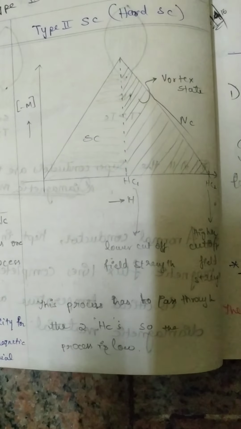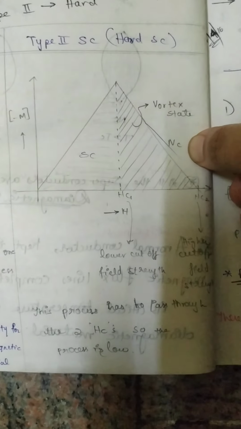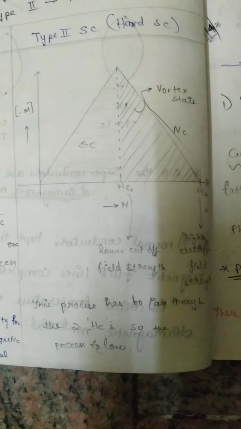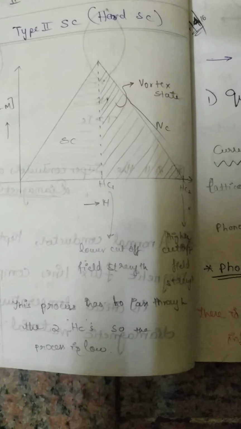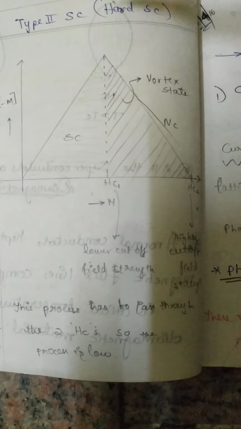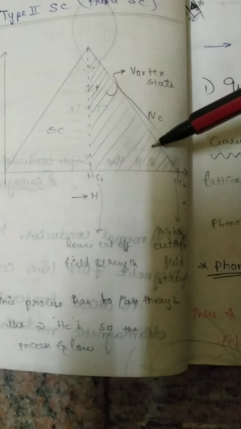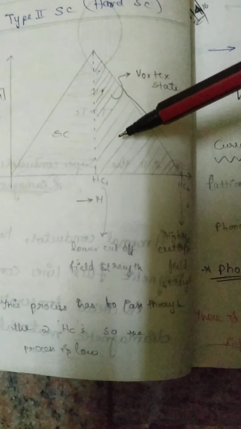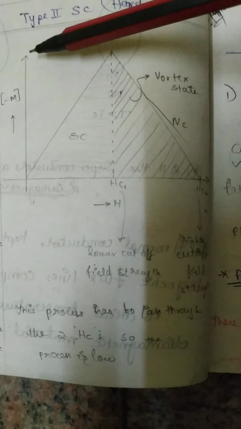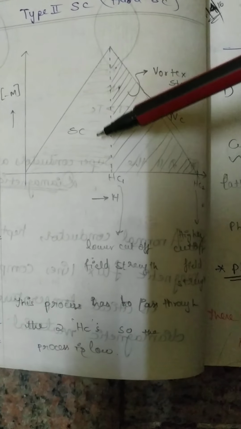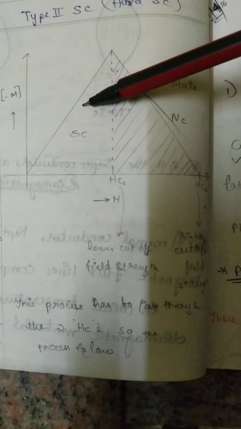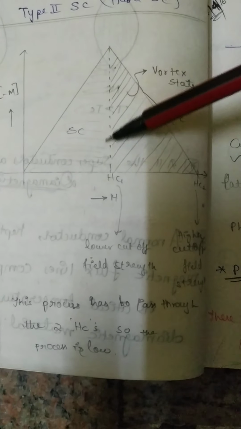And the second one, we'll see what a hard superconductor is. In the hard superconductor, as the name itself says, it is pretty hard to get the reverse. If we plot a graph taking the intensity of the magnetizing field on the x-axis and the intensity of the magnetization on the y-axis, we have the superconductor on the left side and Hc1.